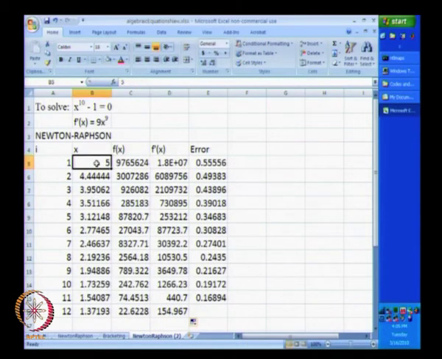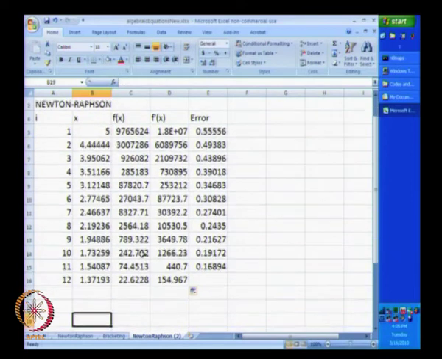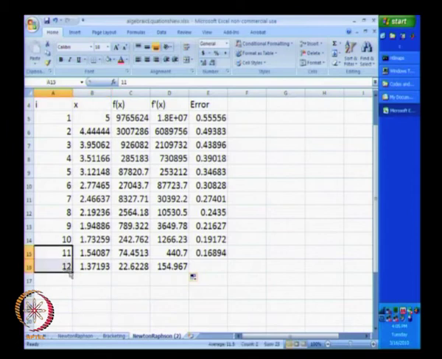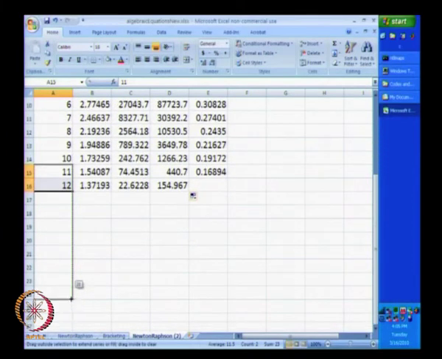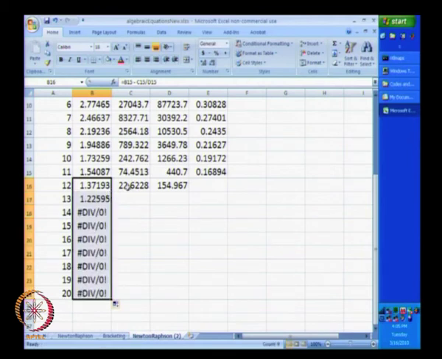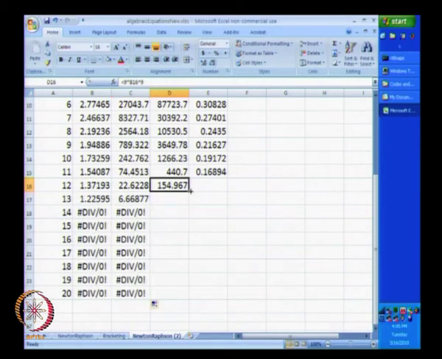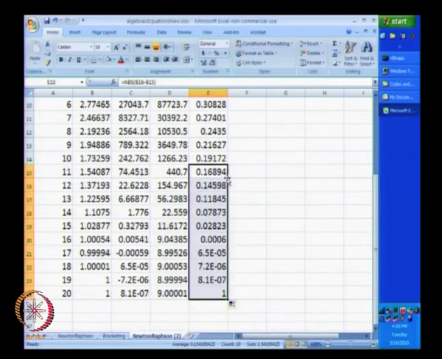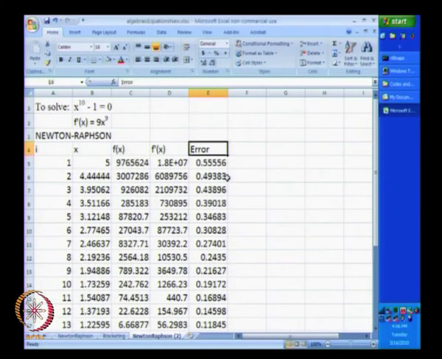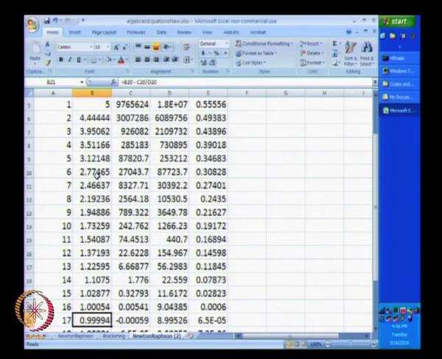Okay. And so as we see over here, the solution is fairly slow in converging. Let us go to maybe say 20 iterations. Okay. So when we started with say x equal to 5, the error started at 0.55, and as you can see the error is decreasing fairly slowly as the number of iterations increases.